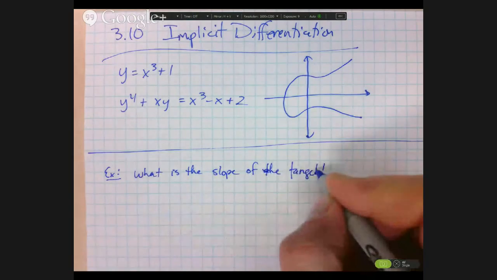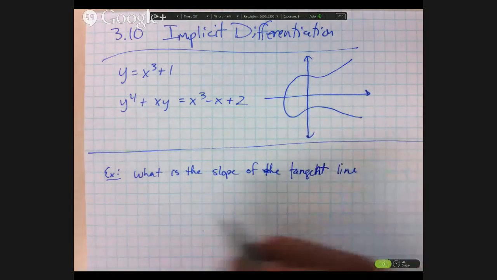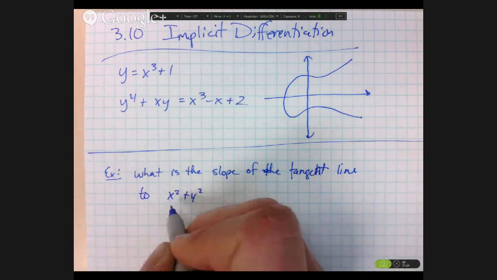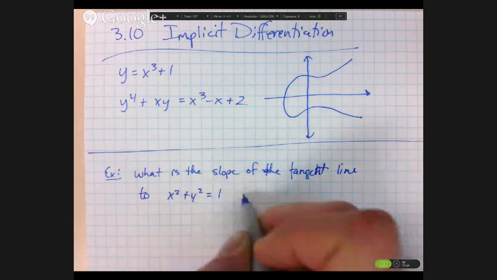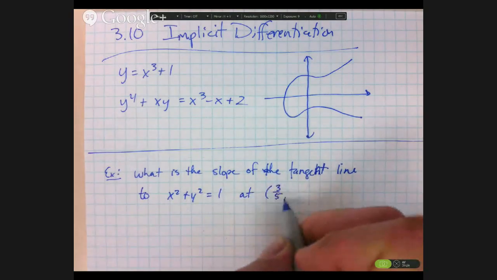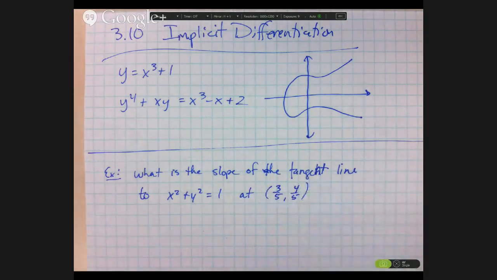Okay, what is the slope of the tangent line to 2x squared plus y squared equals 1 at 3/5, 4/5? Notice you're given an x and a y. We've been working with just an x value. Now you have to have an x and a y.